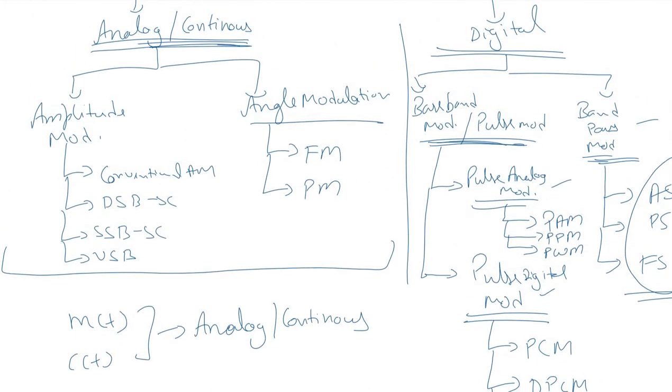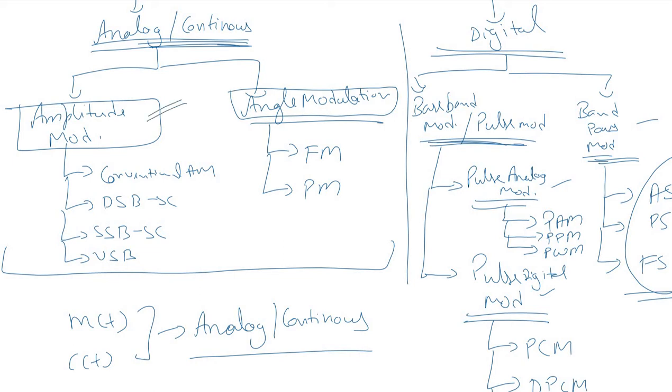Depending on the different parameters, we can categorize this modulation scheme as amplitude modulation or angle modulation. We change the amplitude of the carrier signal in accordance to the continuous message signal, it is amplitude modulation, and there are several variants of it. Similarly, if we change the angle, that means the frequency or the phase of the carrier signal in accordance to the message signal, it becomes angle modulation, right?